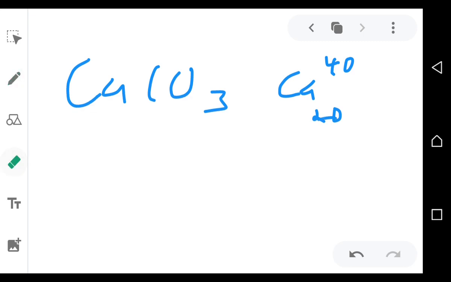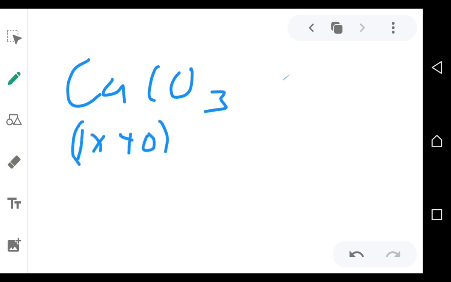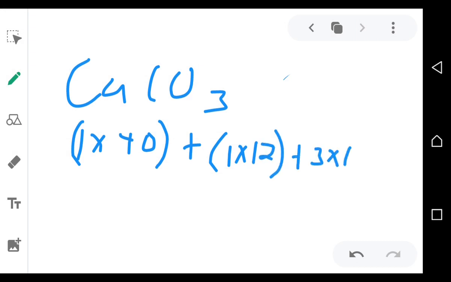The mass for this is 1 times 40, 1 times 12, plus 3 times 16. I think you know where I'm getting these numbers from, the periodic table. When you calculate this, it should give you 100, but verify it. I'm just trying to teach you the principle. So the mass for calcium carbonate is 100.